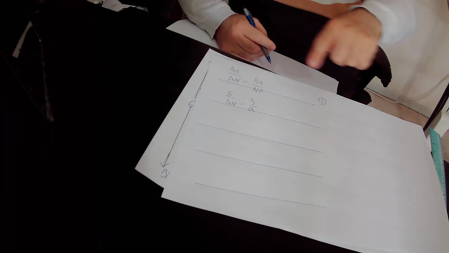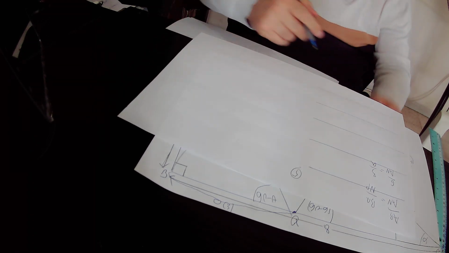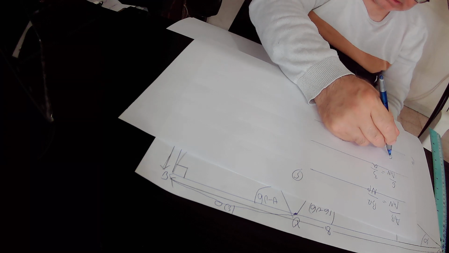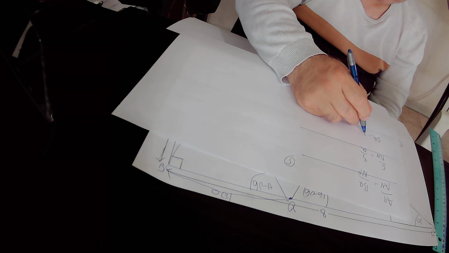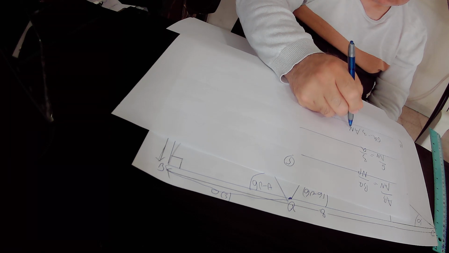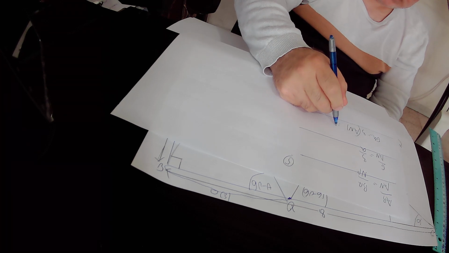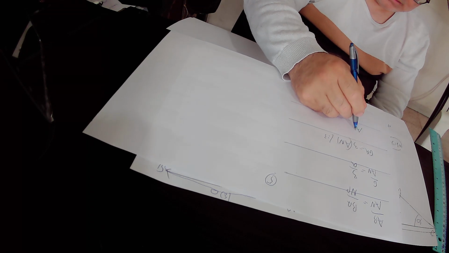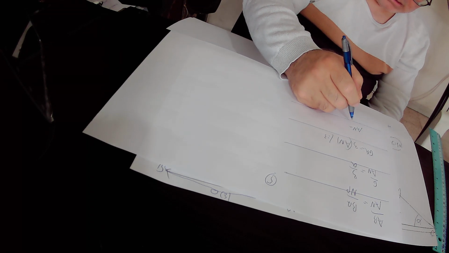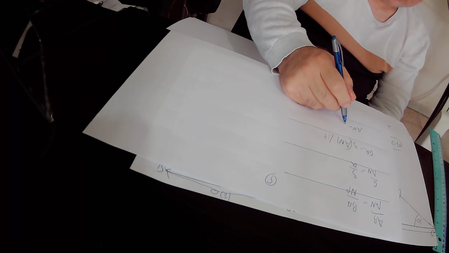Here we cross multiply this equation, and we get 6A equals 3AN. Here we divide this equation by 3, and finally we get that the missing side AN equals 6A over 3. 6A over 3 is 2A.